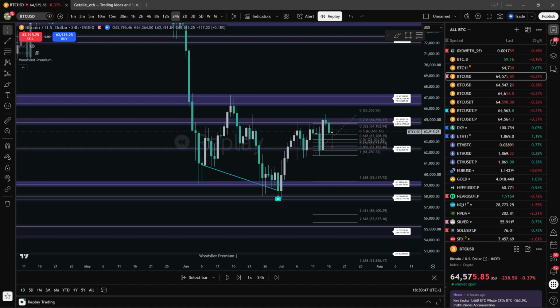Stop loss is defined in any of those timeframes, 1 hour. So the stop loss, so basically your invalidation, how do I put it?